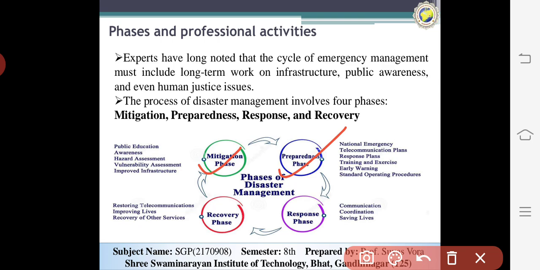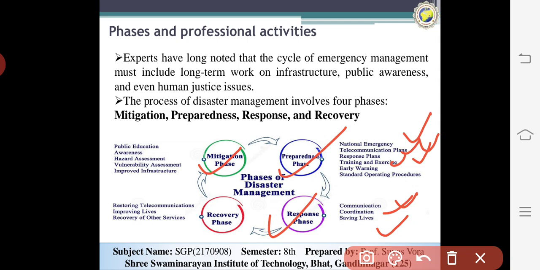Here you can see the national emergency declared, then the telecommunications response plans, then training and expenses on warning, etc. Then the response phase: in the response phase we consider communications, coordination and saving lives.